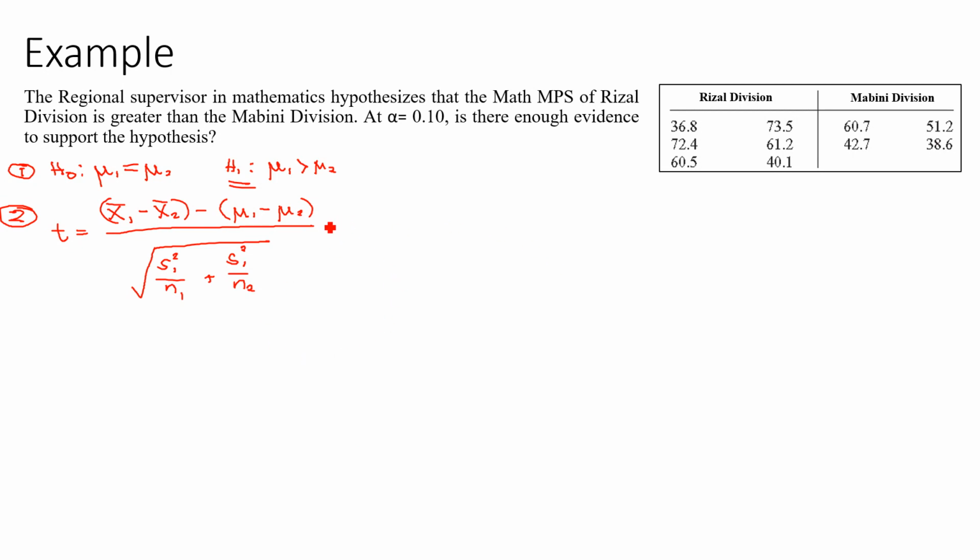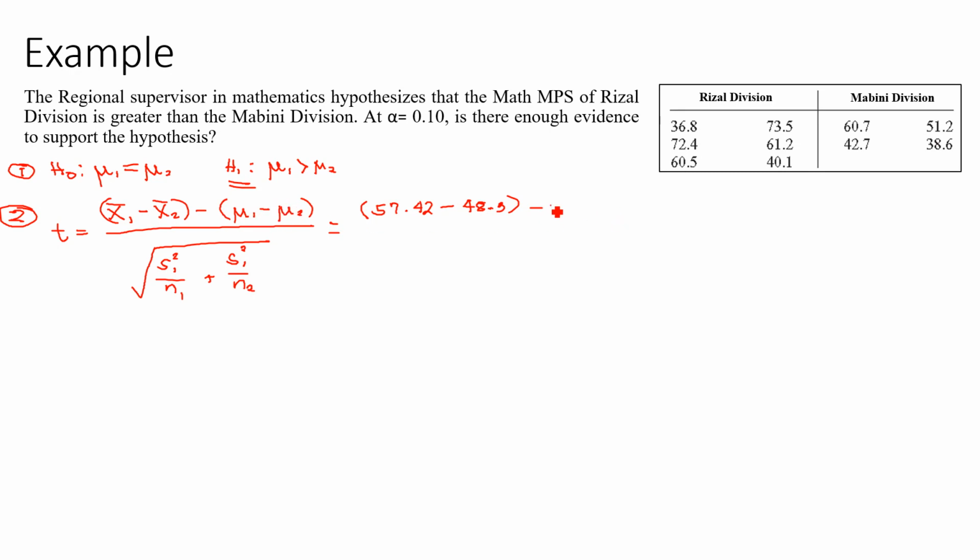You have the sample mean of the first group, the Rizal division, which is equal to 57.42, minus the sample mean of the second group, the Mabini division, which is 48.3, all minus the hypothesized difference, 0. The answer here is 0.